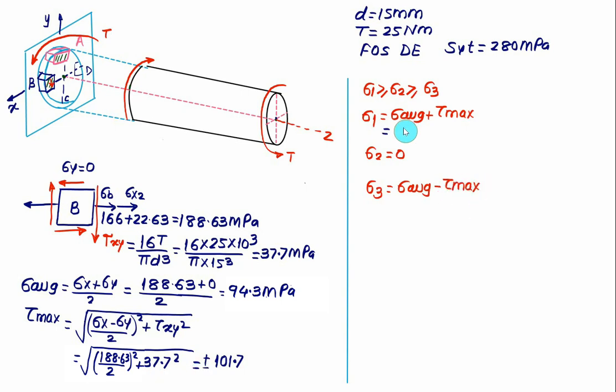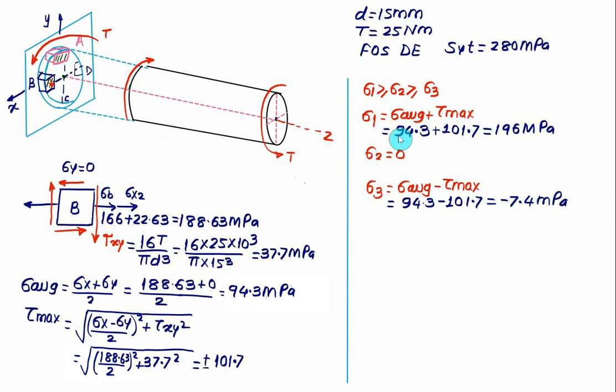We have sigma average equal to 94.3 and tau max equal to 101.7. In this case sigma 1 is very close to 196 megapascal. The third value will be sigma average 94.3 minus tau max 101.7, that is approximately equal to minus 7.4 megapascal.